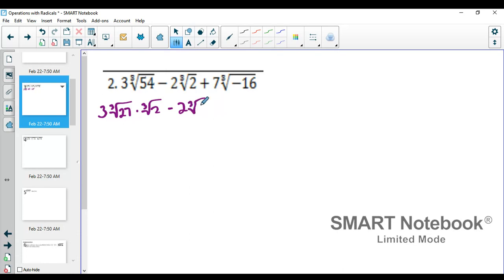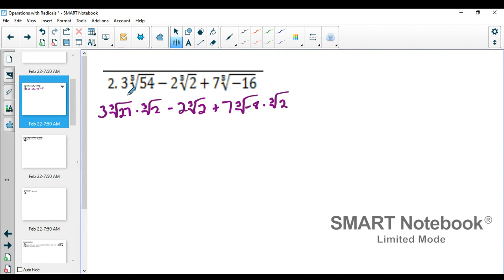And then minus 2, and the cube root of 2 is as simplified as that gets, so we're just going to leave this as the cube root of 2 plus 7. And we can simplify the cube root of negative 16 because we can make it the cube root of negative 8 times the cube root of 2. Let's go back through and simplify more.